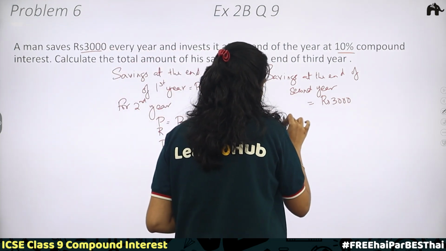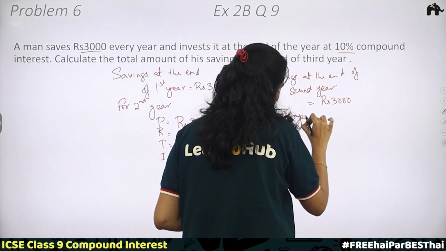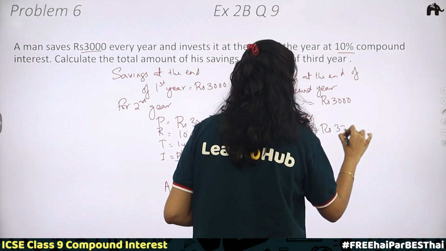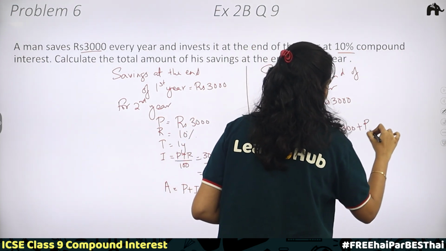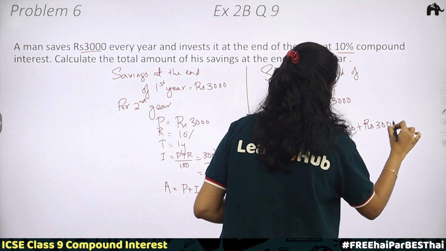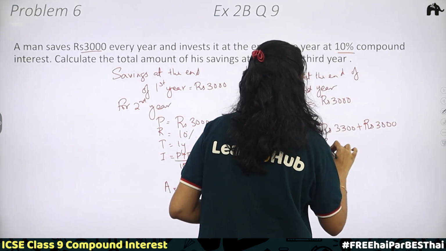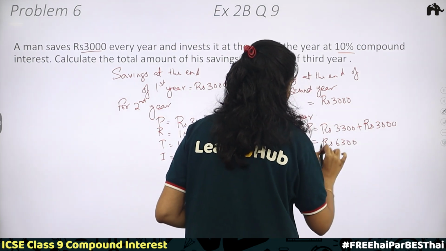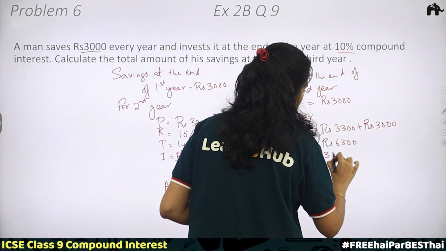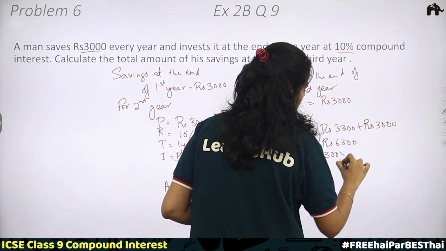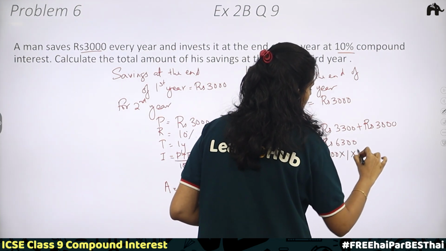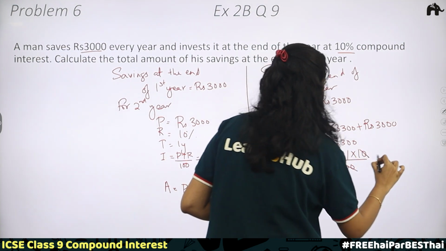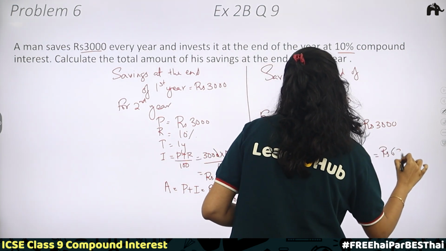For third year, principal is equal to rupees 3300 plus the savings amount rupees 3000, which is rupees 6300. Now we can find the interest. Interest will be equal to principal 6300 into time 1 year, rate of interest 10%, divided by 100, cancelling zeros, you will be getting rupees 630.